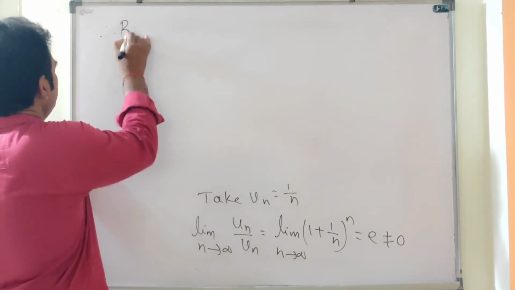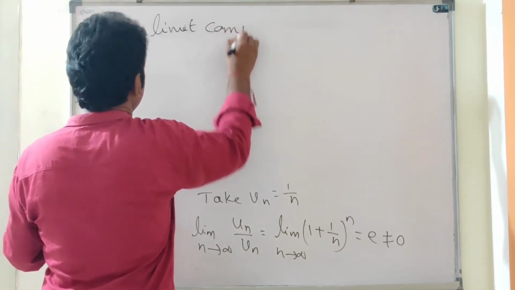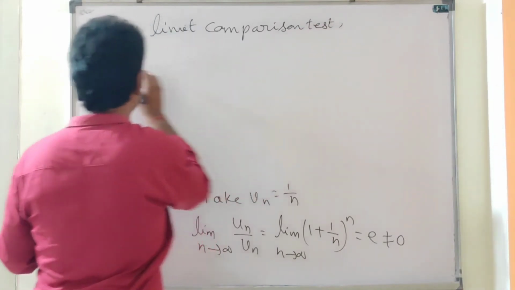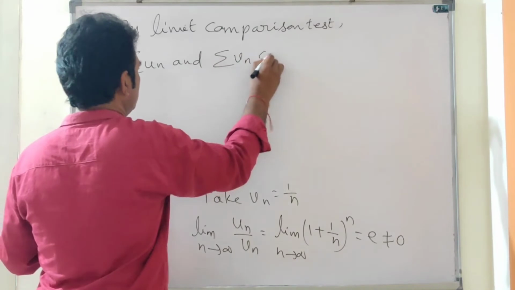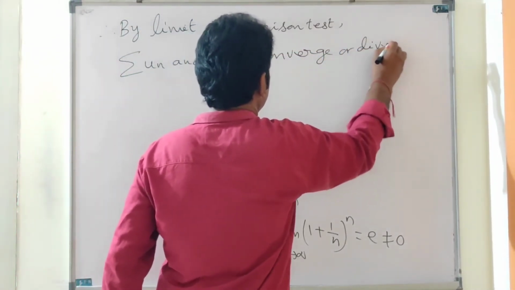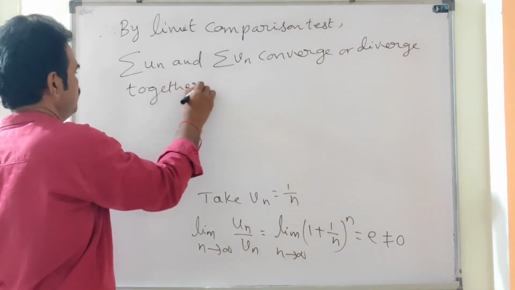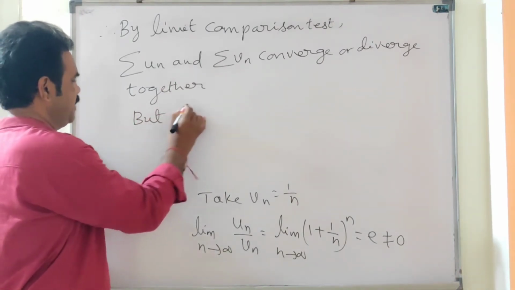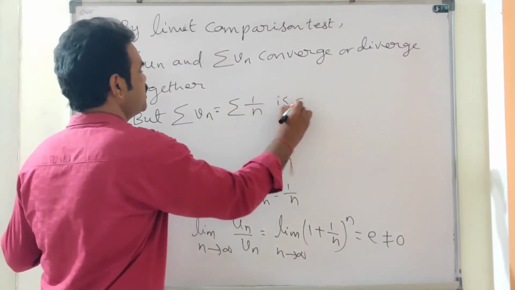Therefore, by the limit comparison test, both sigma un and sigma Vn converge or diverge together. Both series converge or diverge together, but sigma Vn equal to sigma 1 by n is divergent.